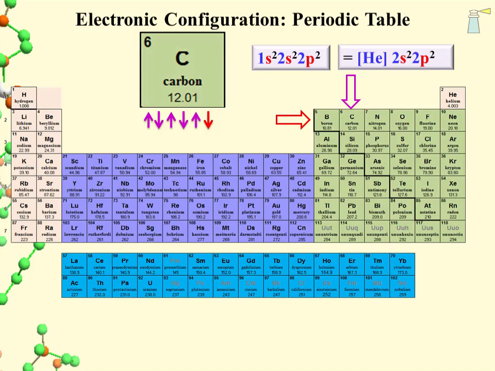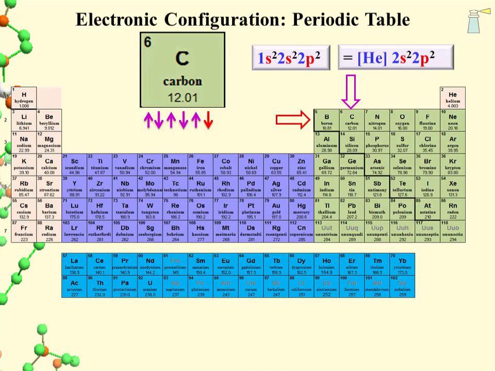Our objective is to assign carbon's 6 electrons to the orbital blocks much in the same way that we did with the stratified orbital diagram. Hund's rule and the Aufbau principle still apply. That means we will fill the lowest energy orbitals first with 2 electrons and proceed until we get to the element.